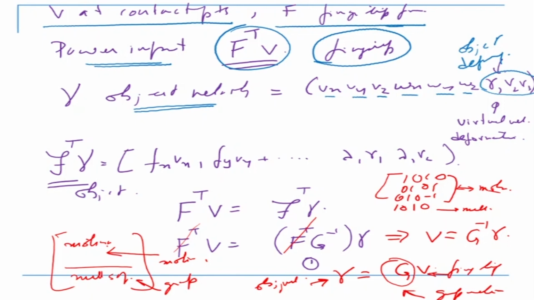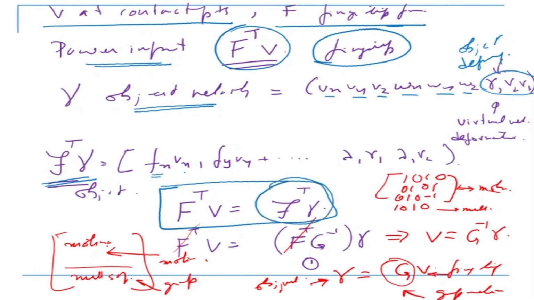In that case, the power that is input is equal to f transpose into gamma, which is equal to small fx into Vx plus fy into Vy. Now we can equate the power input at the fingertip to the power which is getting input into the object, and we are equating both of these, right?